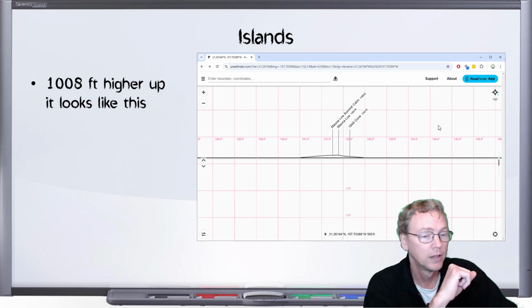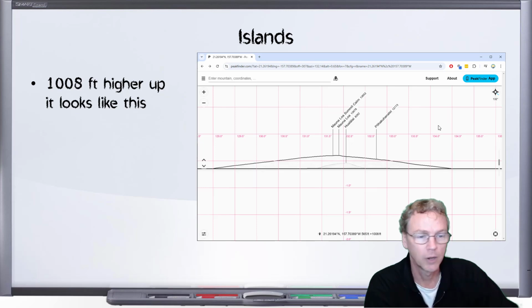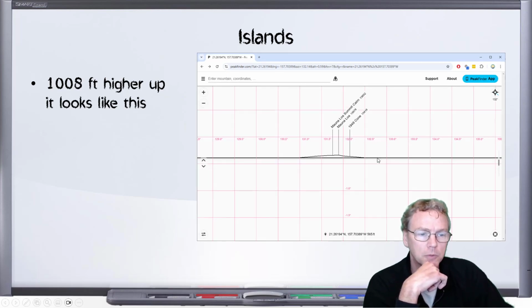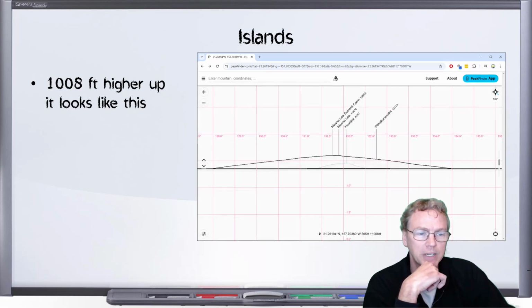Let's go up 1,000 feet and we see more. We see this little piece here. This little thing was completely under the horizon before, but now we've revealed it. This peak over here wasn't visible, but now it is, right?